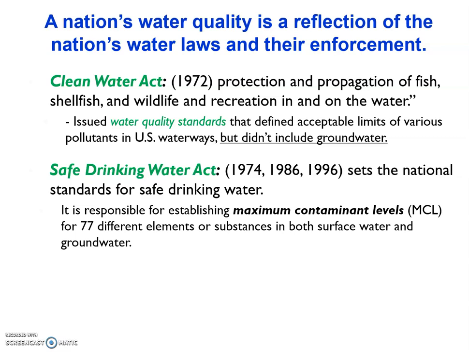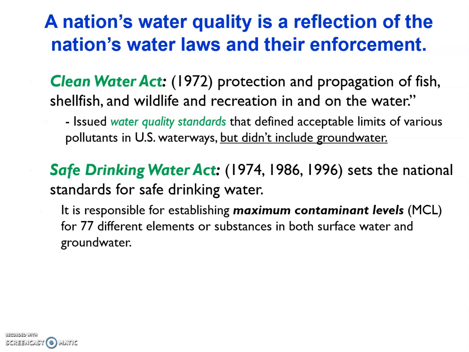So then in 1974, the Safe Drinking Water Act was enacted, SDWA, as was one of your assigned terms. The Safe Drinking Water Act established standards for our drinking water.